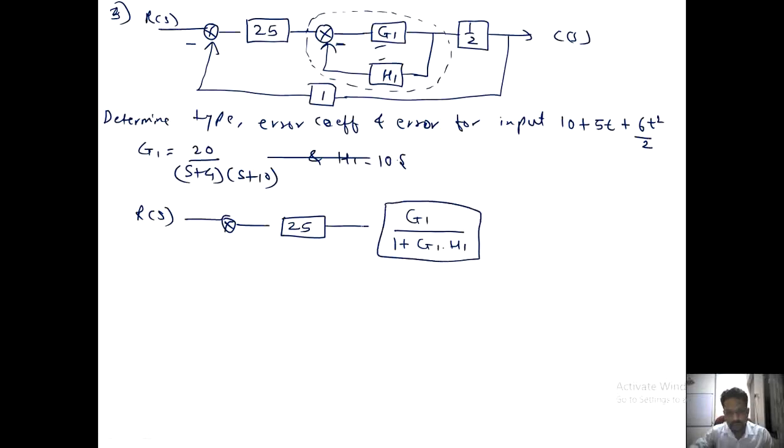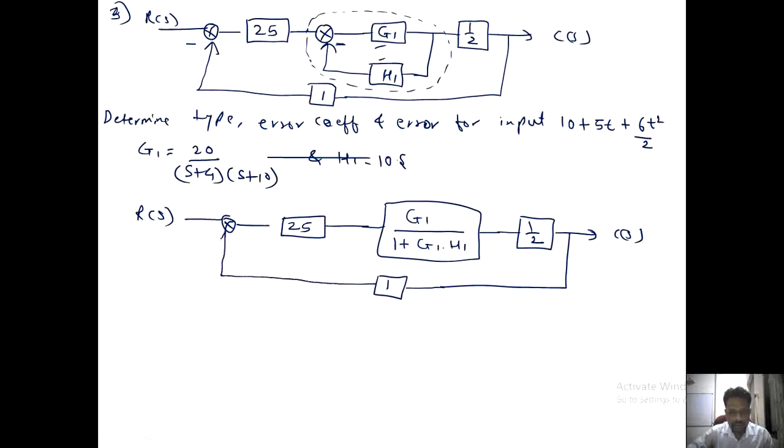Okay, so that much portion we have solved, and in sequence there is 1 by 2. After that C of s, and then a feedback signal of 1 is coming to this summing point with a minus sign. Now what could be the next step to solve the block diagram?